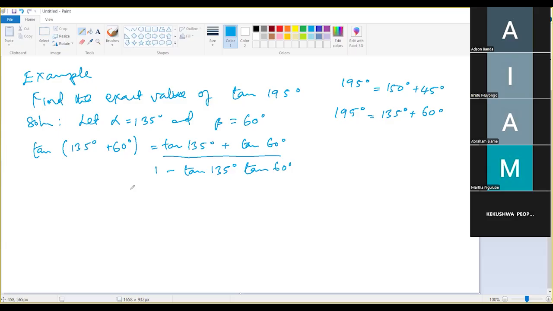Right, so all the time, your duty is to be able to find the standard angles that give you particular standard ratios. In this case, what is the tangent of 135 degrees? 135 degrees is in which quadrant? And which reference angle in the first quadrant are you looking at? Quickly tell me.